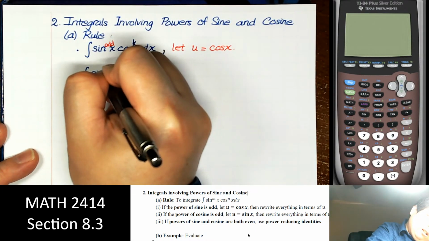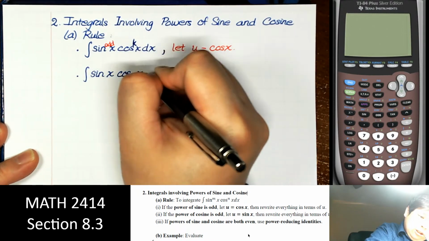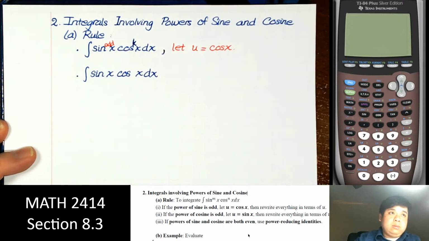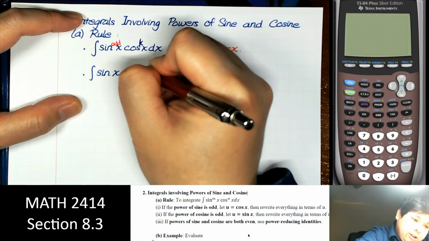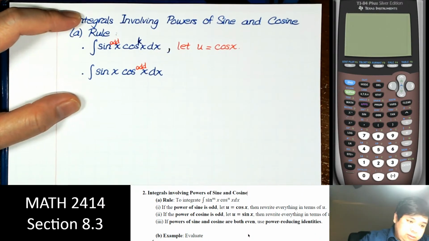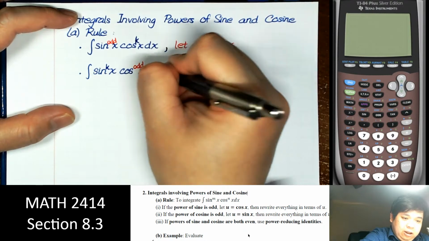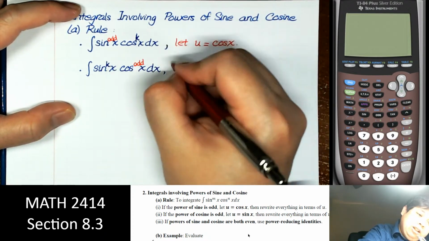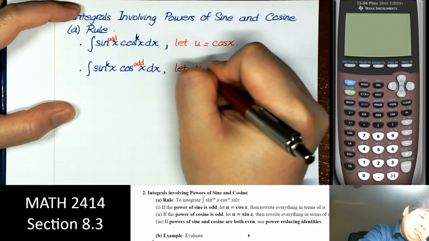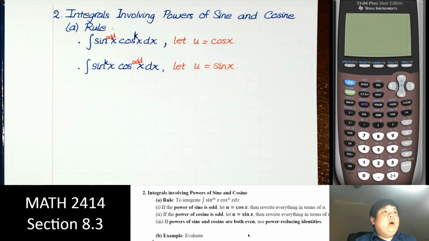Likewise, if the power of cosine is odd, and then something on the sine, we will let u equal the other one. So whatever has the odd power, we let u equal the other function.